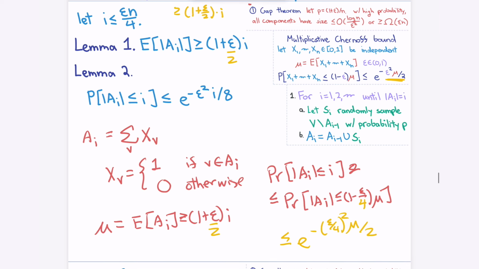If I had done things a little more carefully originally, this might be something like e to the negative epsilon squared mu over 32 if I carried that all the way through. But what really matters is that we've distilled the random process into a random sum. Once you get it to this random sum, you can apply the fact that random sums are very well concentrated when they have a large average. Sums of zeros and ones.